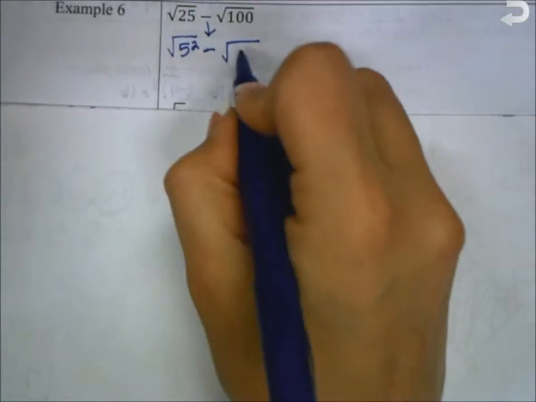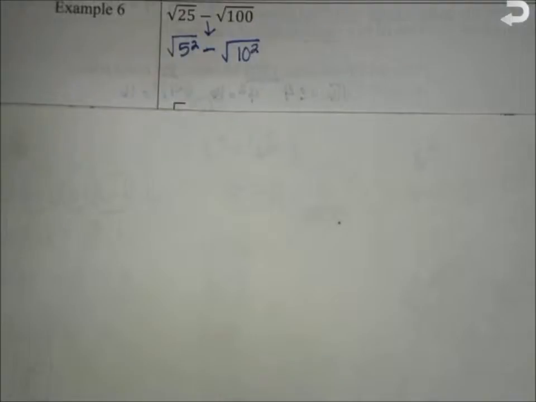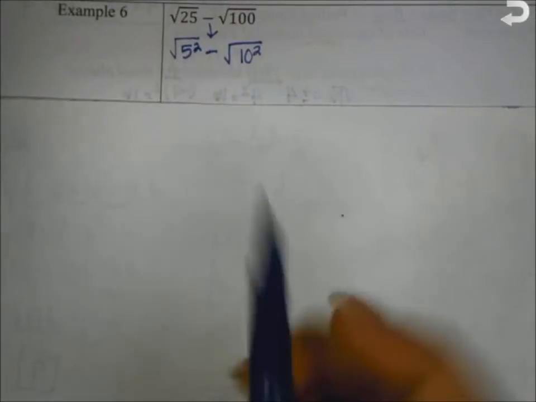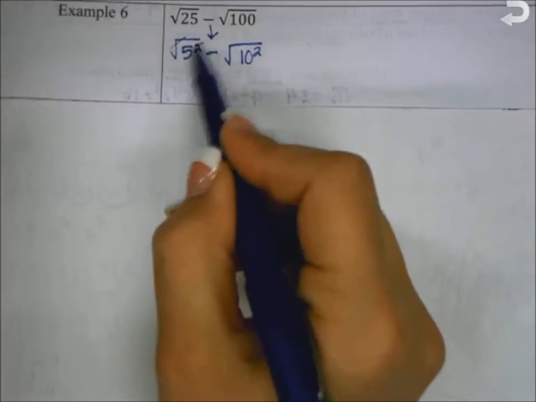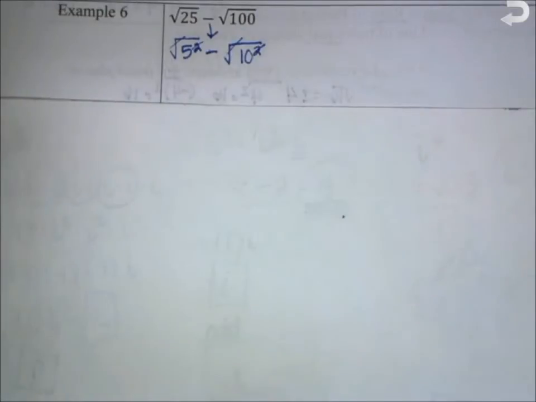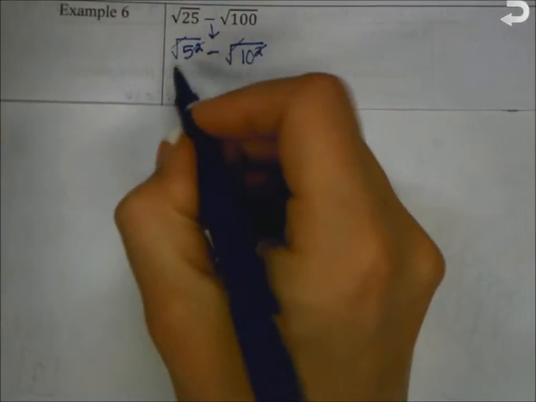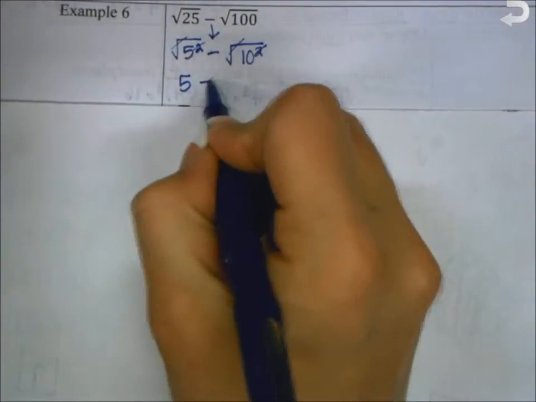The square root and the squares cancel each other out. So we are left with 5 minus 10. And 5 minus 10 gives me negative 5. Good.